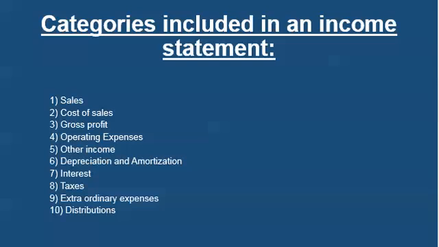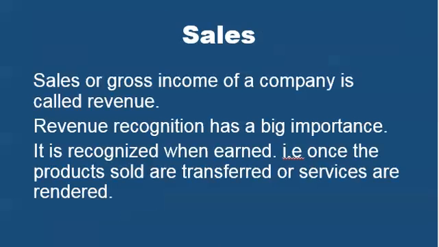So here are some of the categories that go into the income statement. We have sales, cost of sales, gross profit, operating expenses, other income, depreciation and amortization, interest, taxes, extraordinary expenses, and distributions.